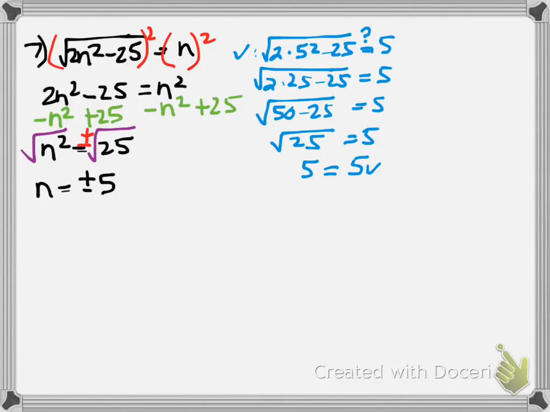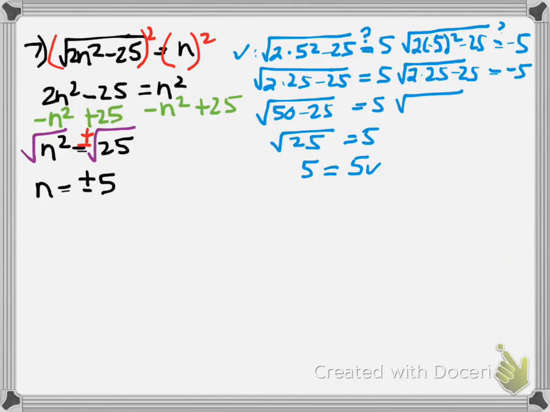Let's try now for negative 5, and let's see how that differs. So we have 2 times negative 5 squared minus 25, and the question is, does that equal negative 5? And what we're going to get here is 2 times 25 minus 25 equals negative 5. And it looks like we've got the same exact thing. And a lot of people would have stopped and said, yep, it works as well.